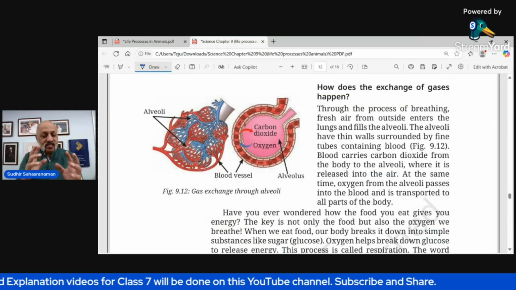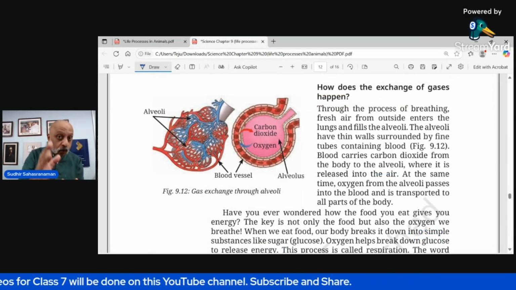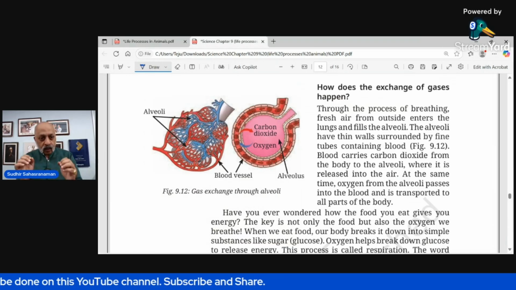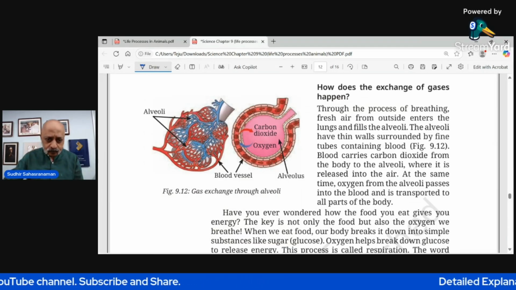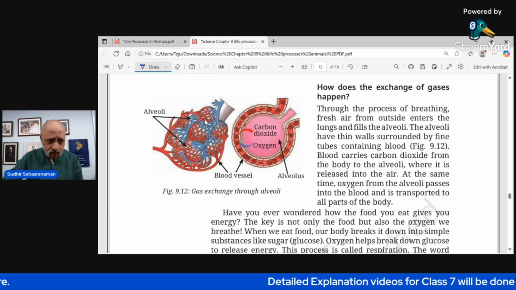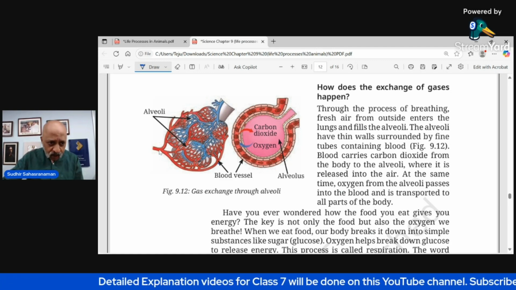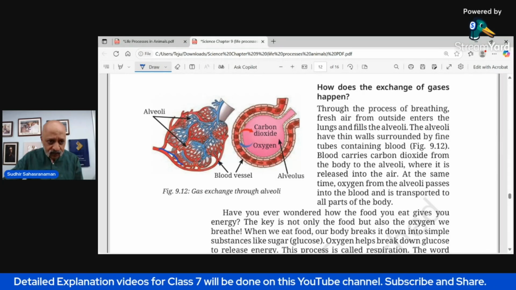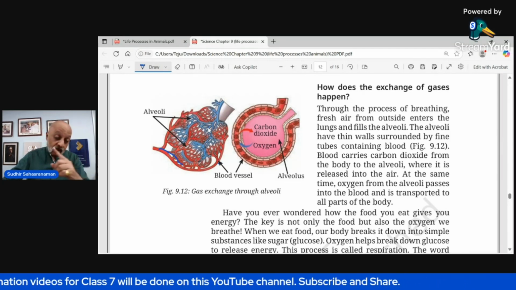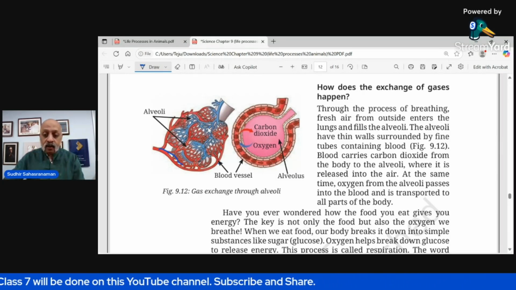Now, how does the exchange of gases take place? This is important, so listen carefully. You are seeing that these are the alveoli inside the lungs. The red portion is the blood vessels through which the circulation is taking place. We will learn about the circulatory system later.